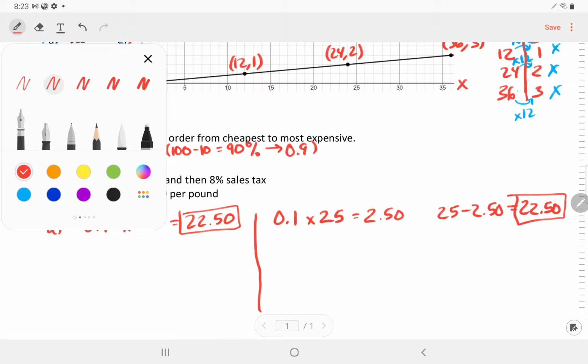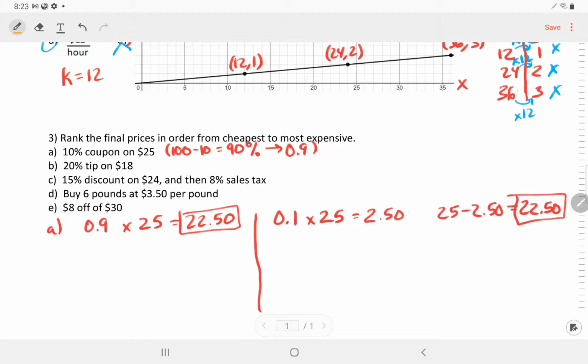For our next problem, we have 20% tip on $18. So a reminder that tip means the price increases. So you take 100%, add 20 more percent, and we get 120%. As a decimal, we'll write it as 1.2. So we take 1.2 and multiply it by 18.